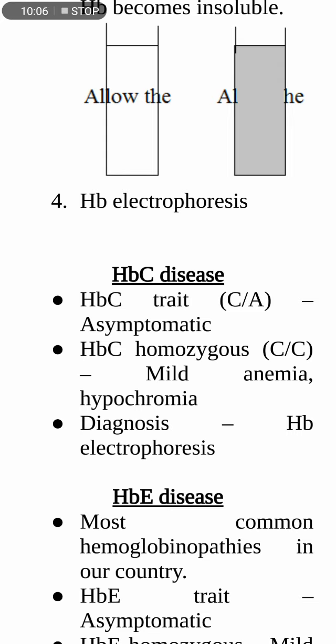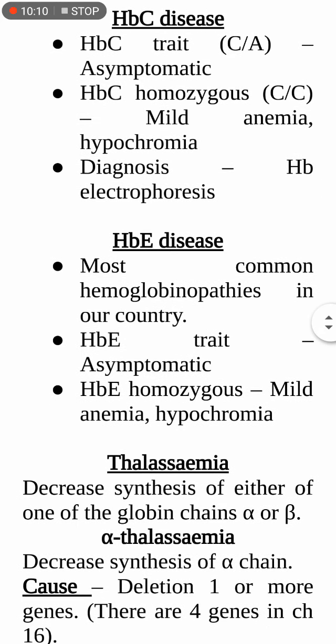It is diagnosed by hemoglobin electrophoresis. Next, hemoglobin E disease is the most common hemoglobinopathy seen in India. Heterozygous patients are asymptomatic, and the homozygous state presents with mild anemia and hypochromia.